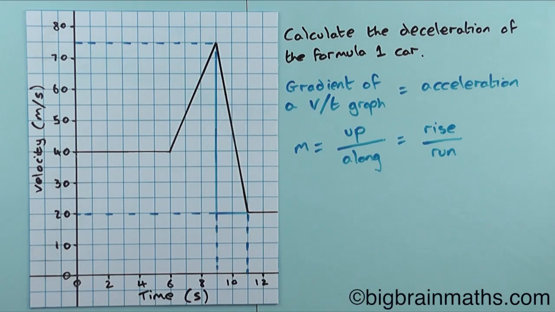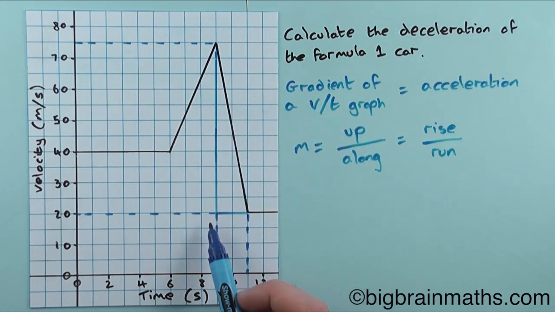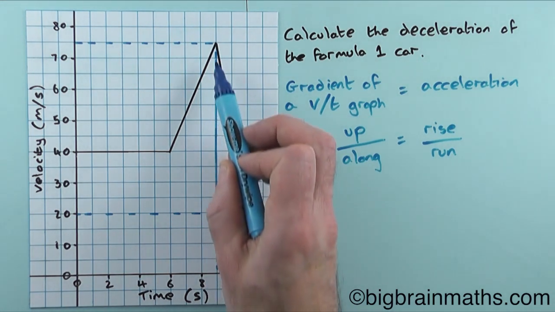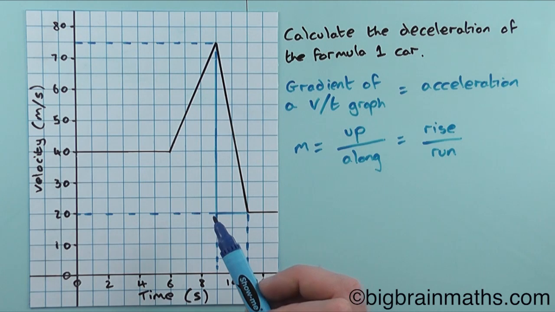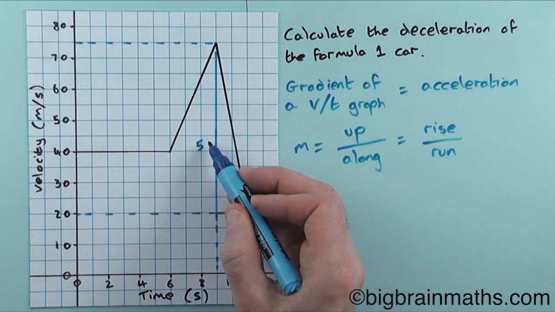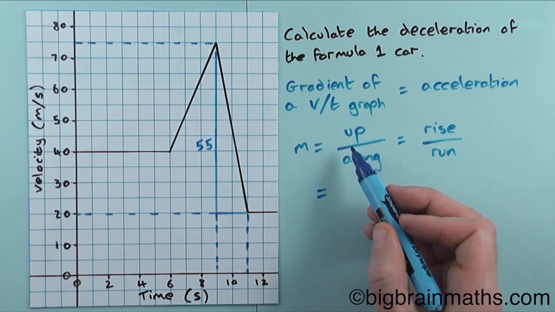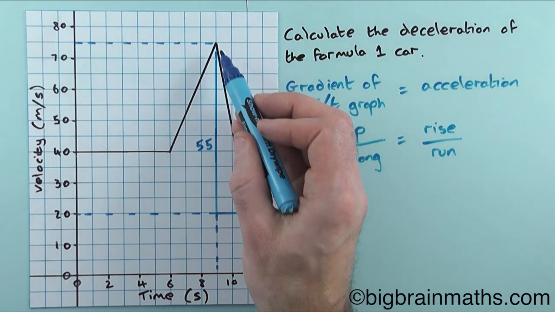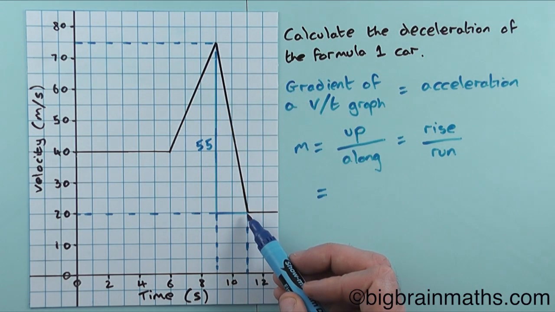I can now really easily work out the up distance of the triangle, because the triangle started off here at 20 and it finishes here at 75. So this distance of the triangle is actually 55. But hopefully you've noticed that this is not an up distance, because the triangle actually starts here and it finishes here.